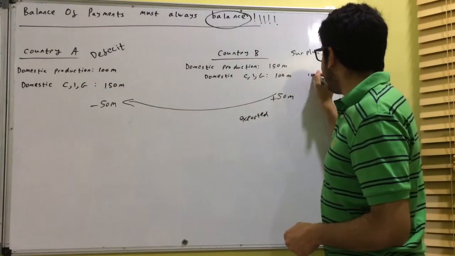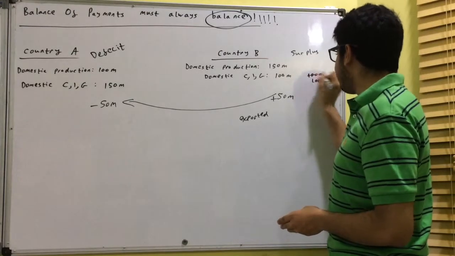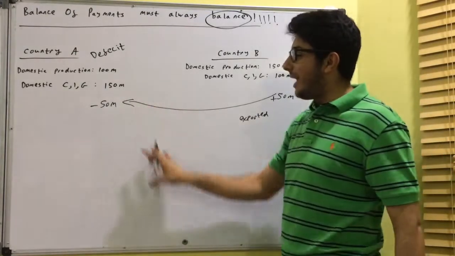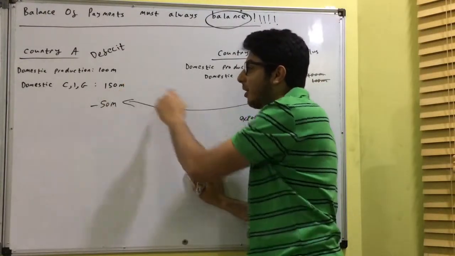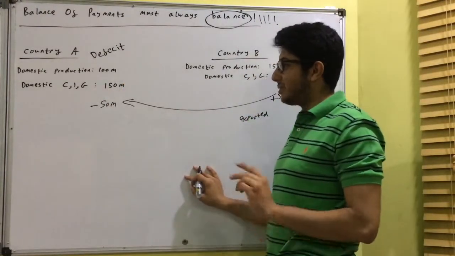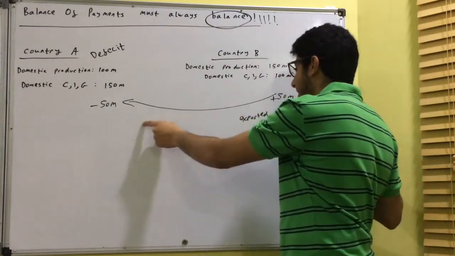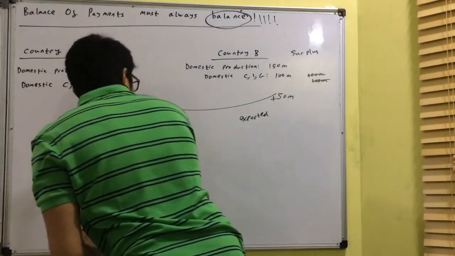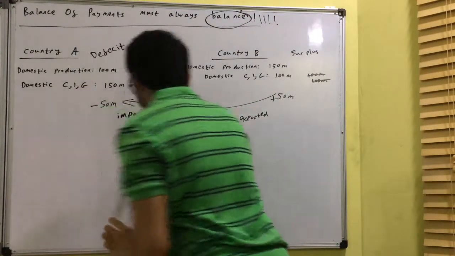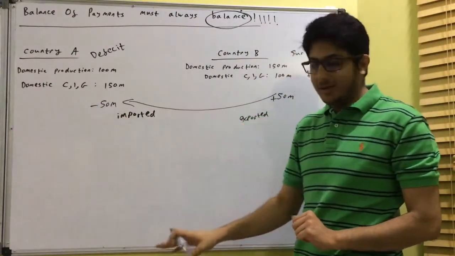And the 100 million produced that's left gets consumed. Country A is producing only 100 million, but it's consuming 150 million, so it's got to get that 50 million from somewhere. In this case, it gets it imported from Country B. So it has a deficit of minus 50 million. Okay?